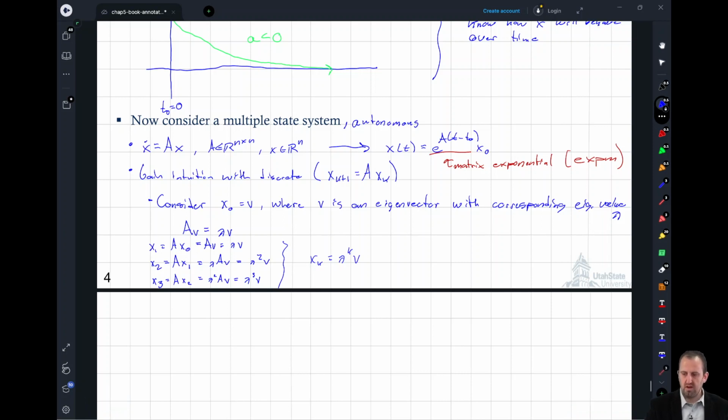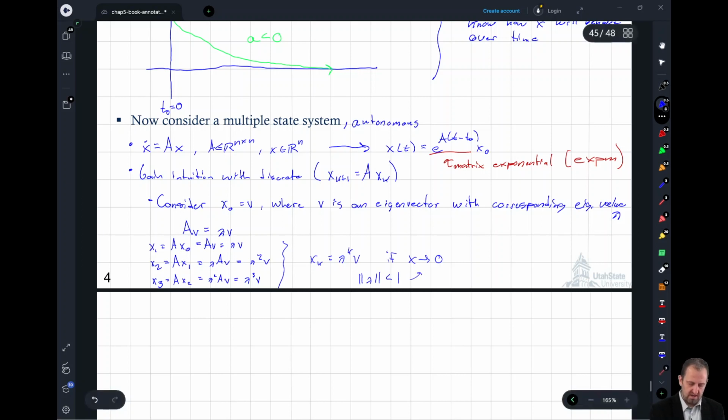Okay, so if we're going to converge, if we want x to go down to 0, then we can take a second and think about what the conditions on lambda should be. Well, if we want x to go down to 0, then we better take that the magnitude of lambda must be less than 1.